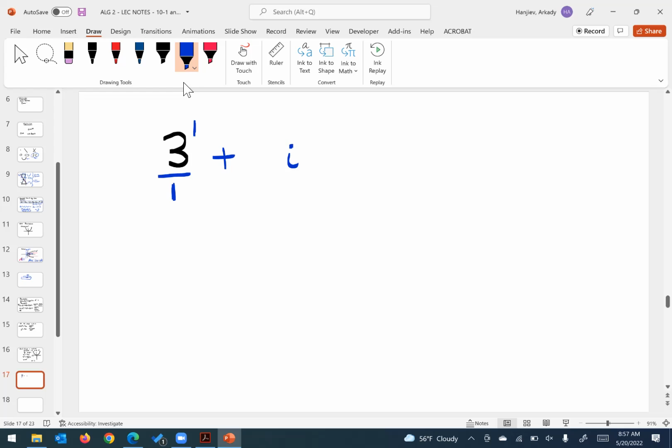Because 3 is just a 3 and doesn't have the extra piece, we just say this guy has a 0 next to it. That's how we write down a 3.